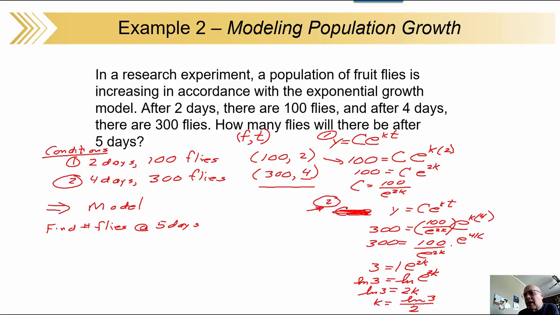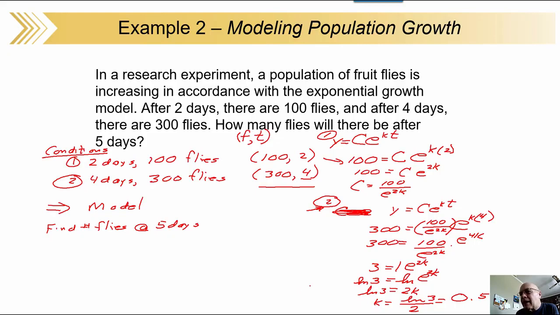That's our k. And notice 2 is a constant. Natural logarithm of 3 is also a constant. So we can use our calculator and we can write down what that is. I don't have it right in front of me, and I'm not going to grab the calculator. We'll see in a moment.